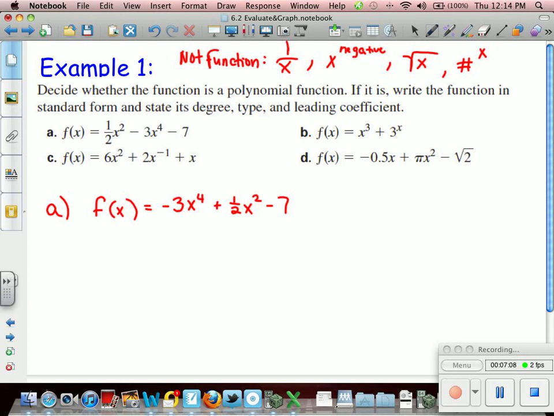It asked me to write it in standard form and to state its degree. So what's the degree of this function? I want the degree of the polynomial, the general one, so it would just be one number. It would be the highest one, which is 4. The type of polynomial that this is, is a quartic.